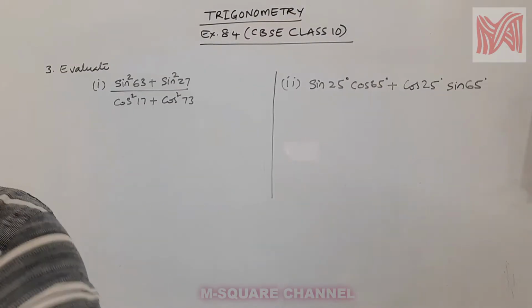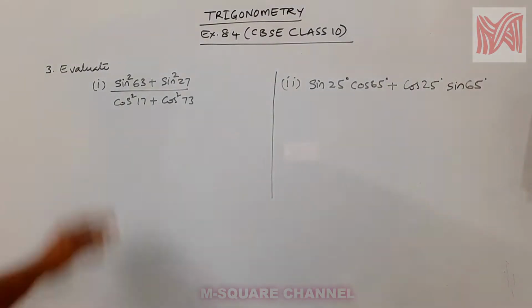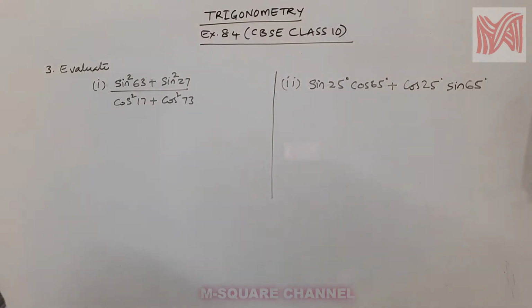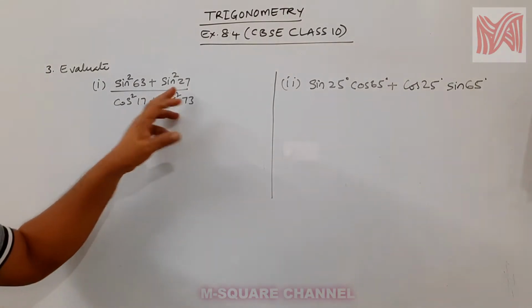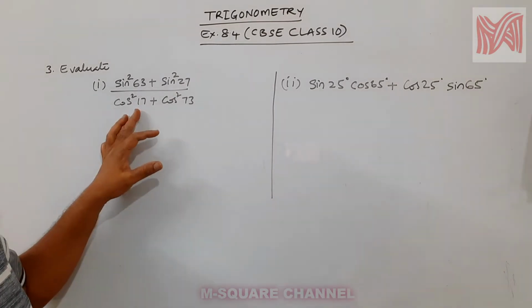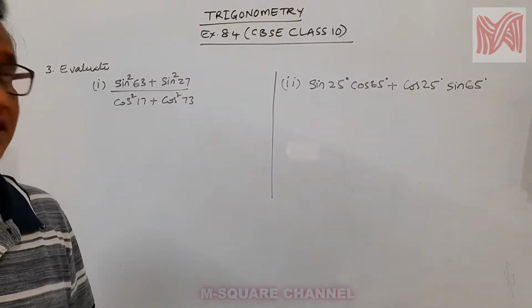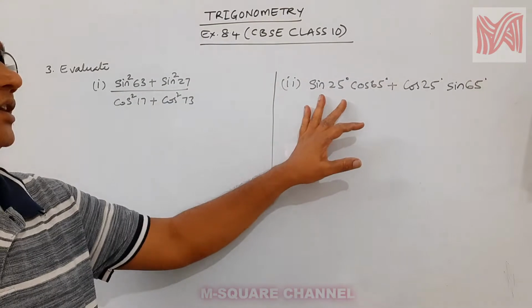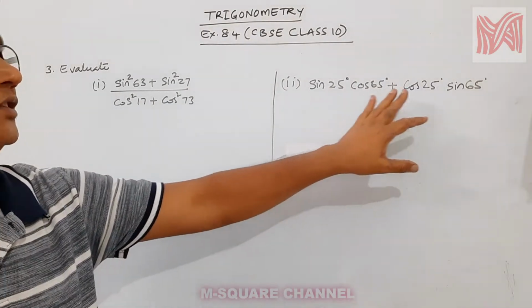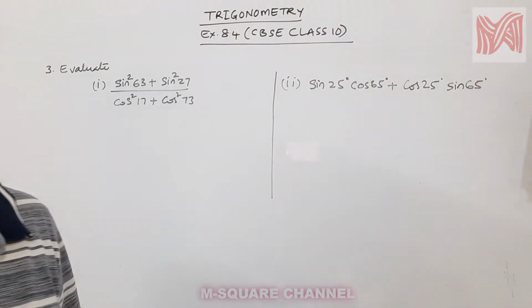Here in third question, evaluate sin square 63 plus sin square 27 by cos square 17 plus cos square 73. And this one also sin 25 into cos 65 plus cos 25 into sin 65.